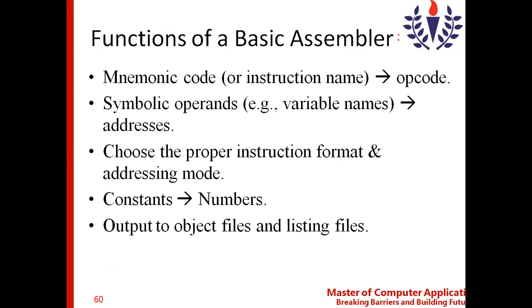Those are choosing the proper instruction format and addressing mode, and constants will be converted into numbers. Finally, the assembler creates the object file and the listing file. So these functions are carried out in the basic assembler.